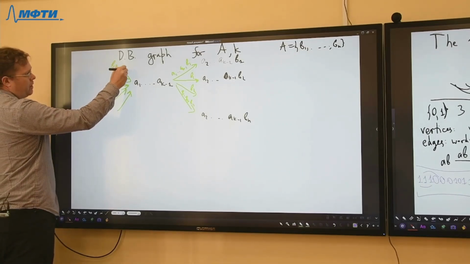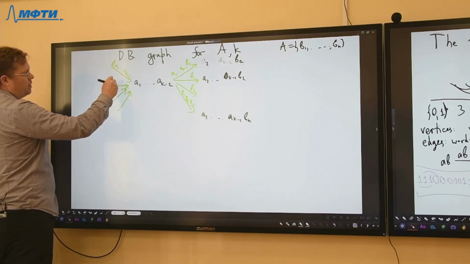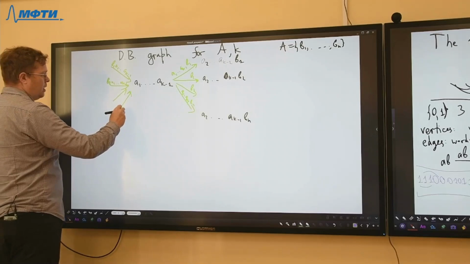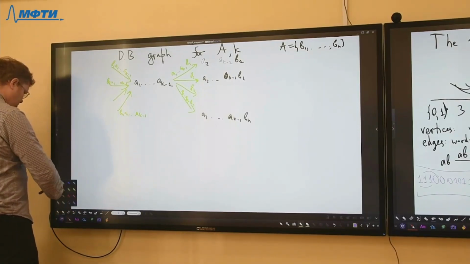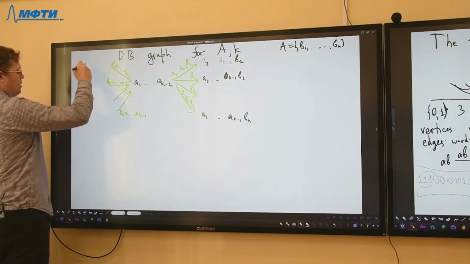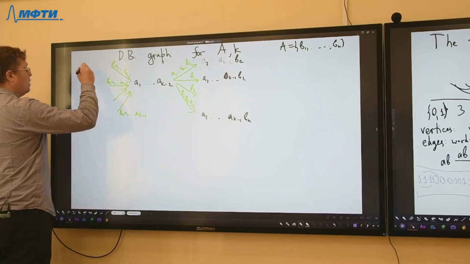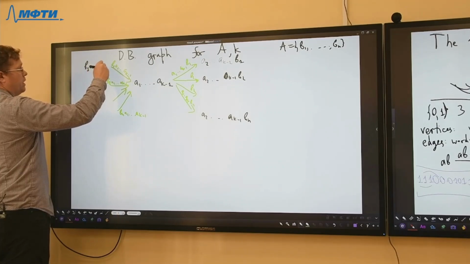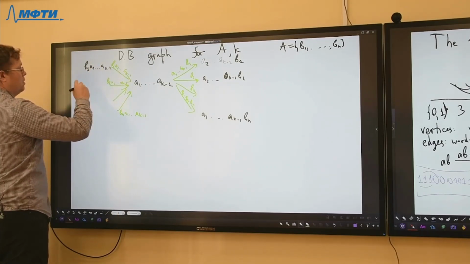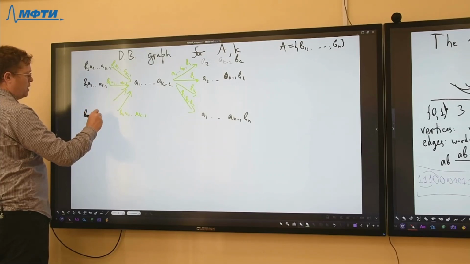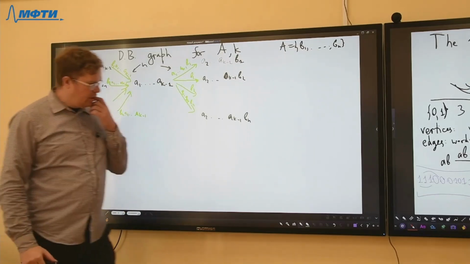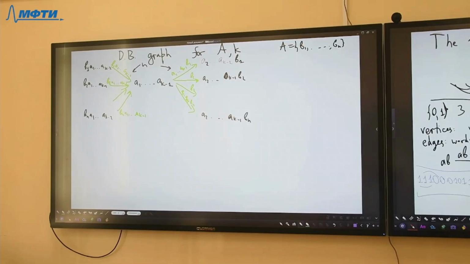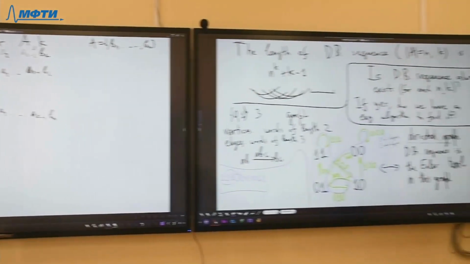So it will be b1, a1, ..., a_{k-1}, then b2, a1, ..., a_{k-1}, and so on up to bn, a1, ..., a_{k-1}. So the in degree and out degree will be equal to n for all vertices of the graph, and so we will have the De Bruijn sequence.